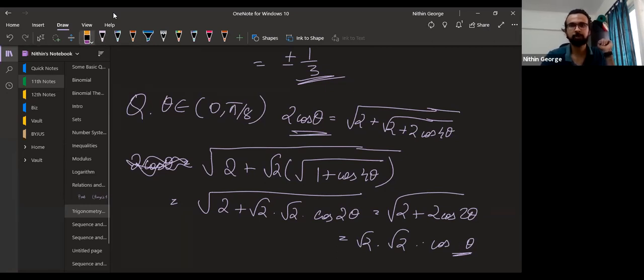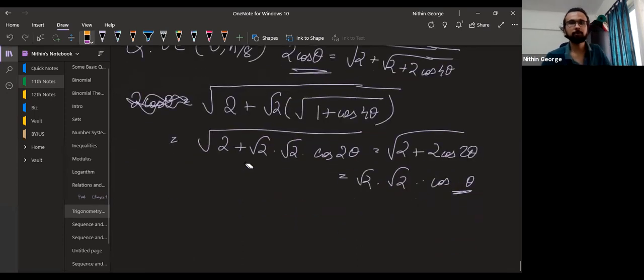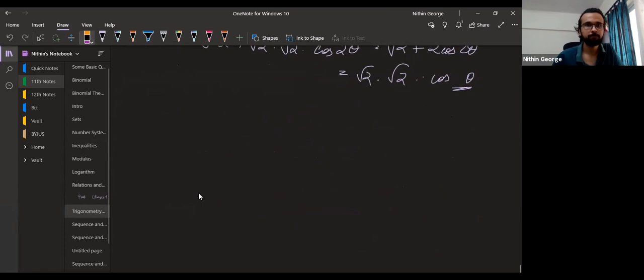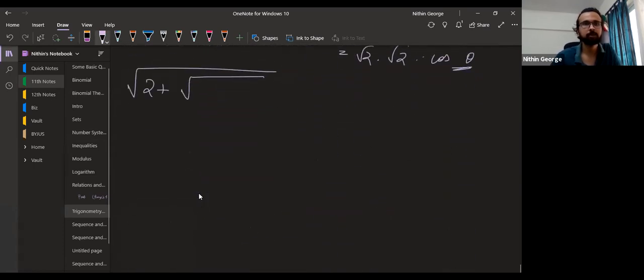Okay, why did I write 4 theta here? I'll explain it again. The question was root of 2 plus 2 cos 4 theta.